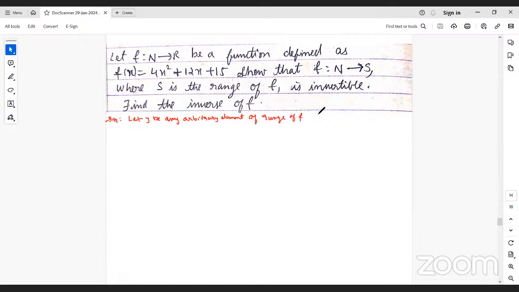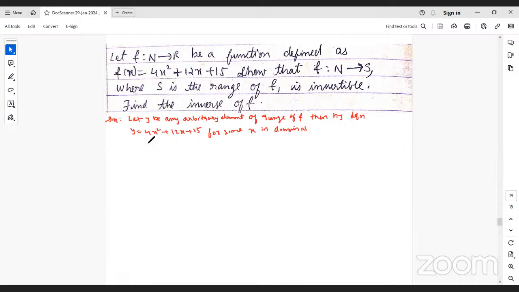Then by definition, y = 4x² + 12x + 15 for some x in the domain N.